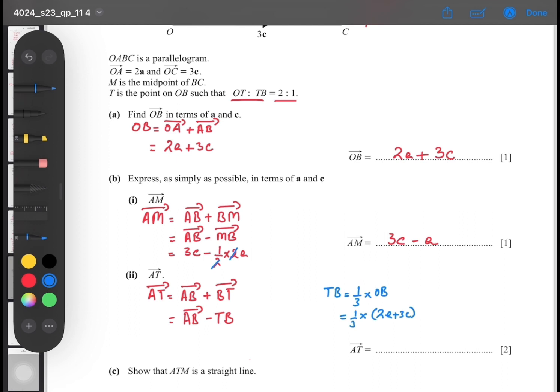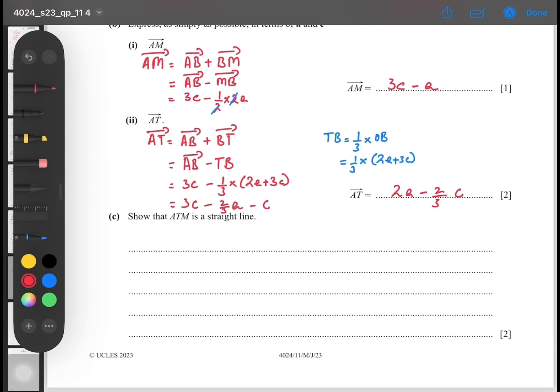So I will write it here. AB is 3C and TB is 1 over 3 multiplied by 2A plus 3C. If I simplify it, it is 2 over 3A minus C. So the final answer is 2C minus 2 over 3A.